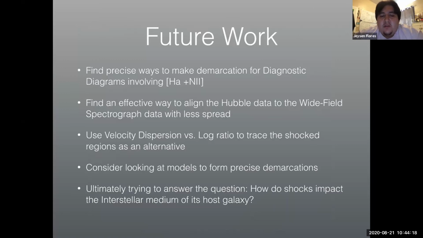And we want to use the velocity dispersion versus log ratio maps to trace the shock regions as an alternative, just in case the Hubble data doesn't align well with the wide field spectrograph data. We are also considering looking at models to form precise demarcations to ultimately try to answer the question, how do these shocks impact the interstellar medium of its host galaxy? I would like to take any questions now.